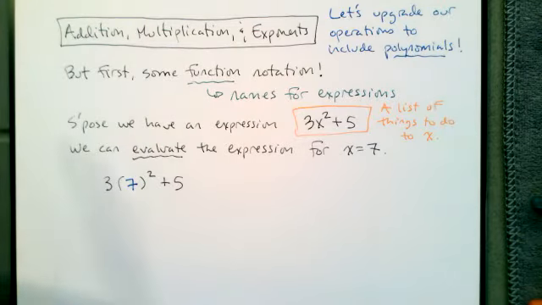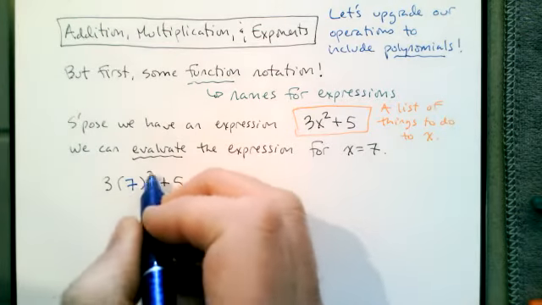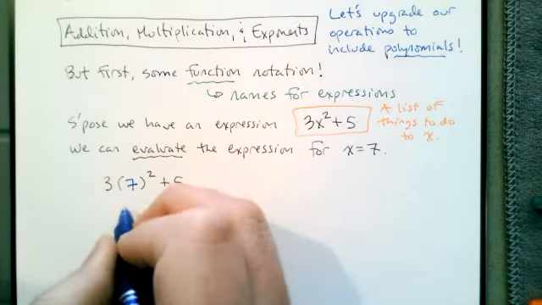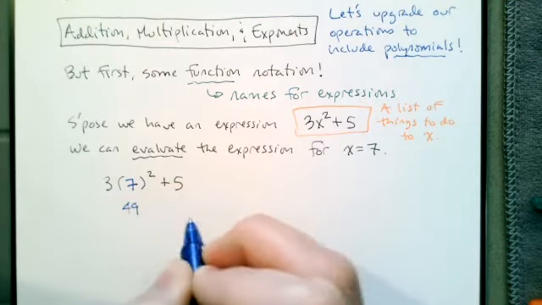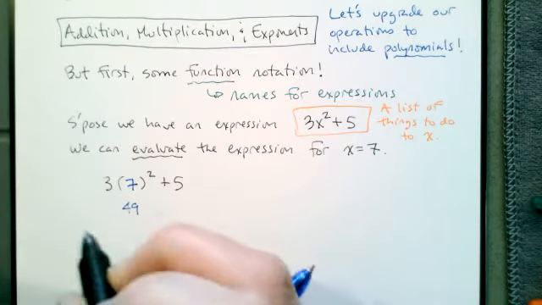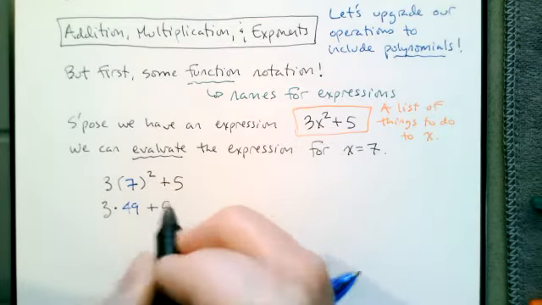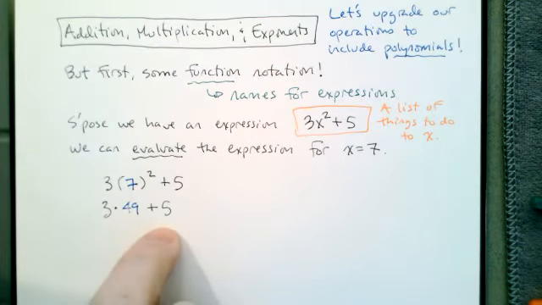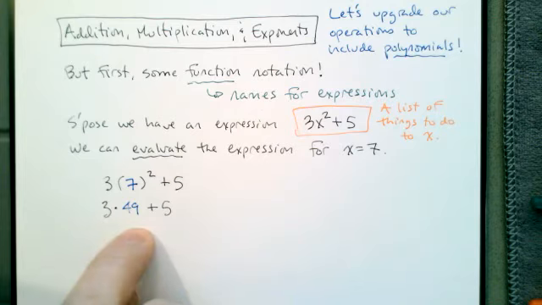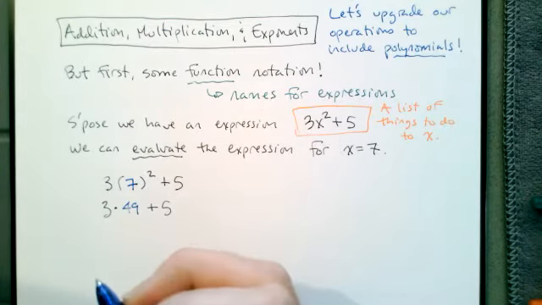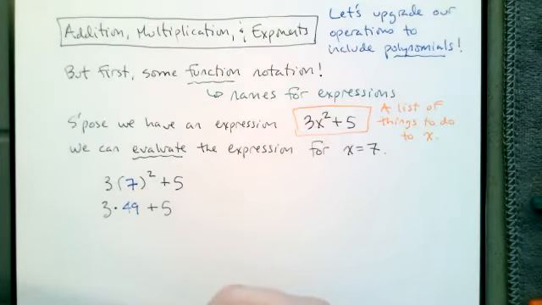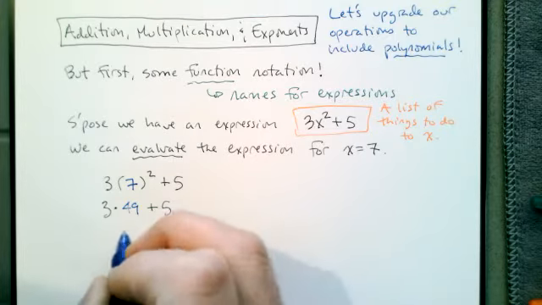Exponents go before multiplication. 7 squared is 49. And then we're going to multiply this by 3. Multiplication goes before addition. So 3 49s is 120 and 147.